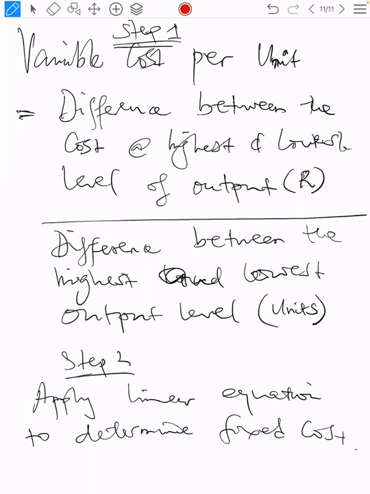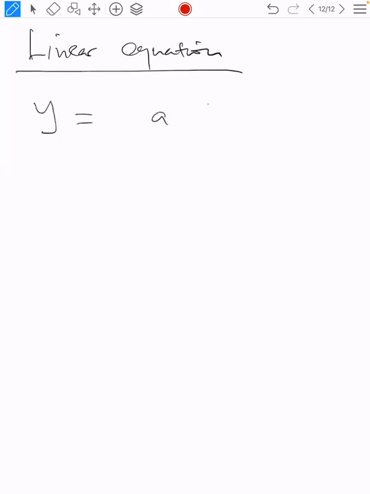Fixed costs are not going to be given as per unit. Now, this is the linear equation. The linear equation says y is equal to a plus bx. All right, this is our linear equation.